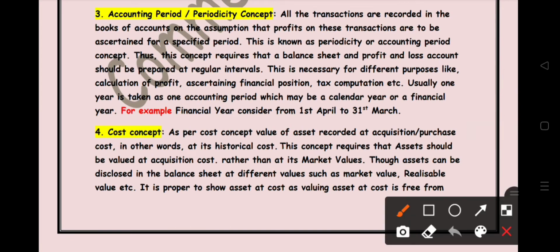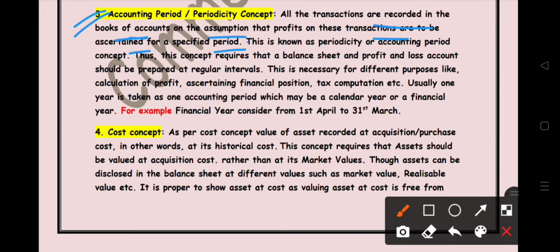The next concept is the accounting period or periodicity concept. All the transactions are recorded in the books of account on the assumption that the profit on these transactions is certain for the specific period.